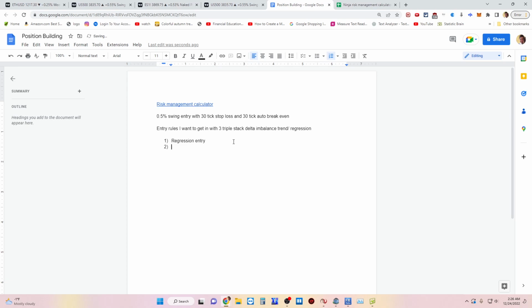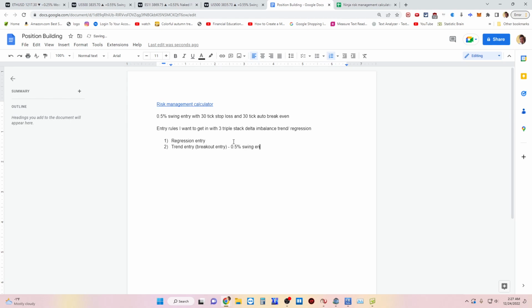Second entry would be the trend entry, and this is more of a breakout entry, and that's pretty much the second position. And I like this position to be half of a 0.5, half of 1% as well.